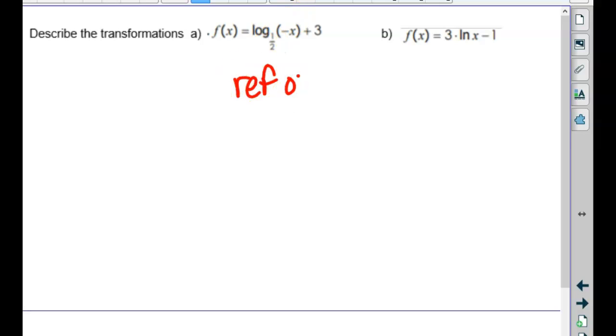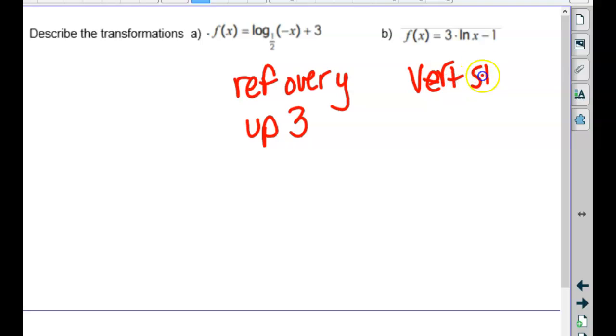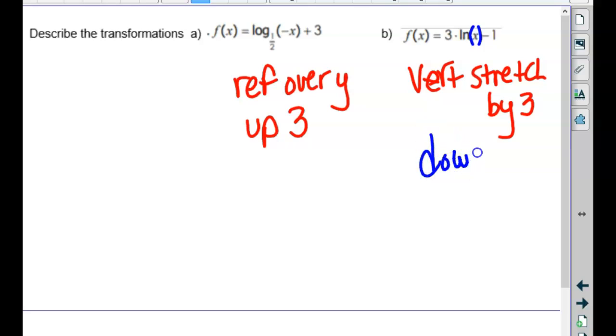Yes, reflect over y. And at the back, not in with the x, would move it up 3. This is a vertical stretch. Now this is tricky, but because there's no parentheses around the x and the 1, you have to assume that the 1 is on the outside. So this one would be down 1.